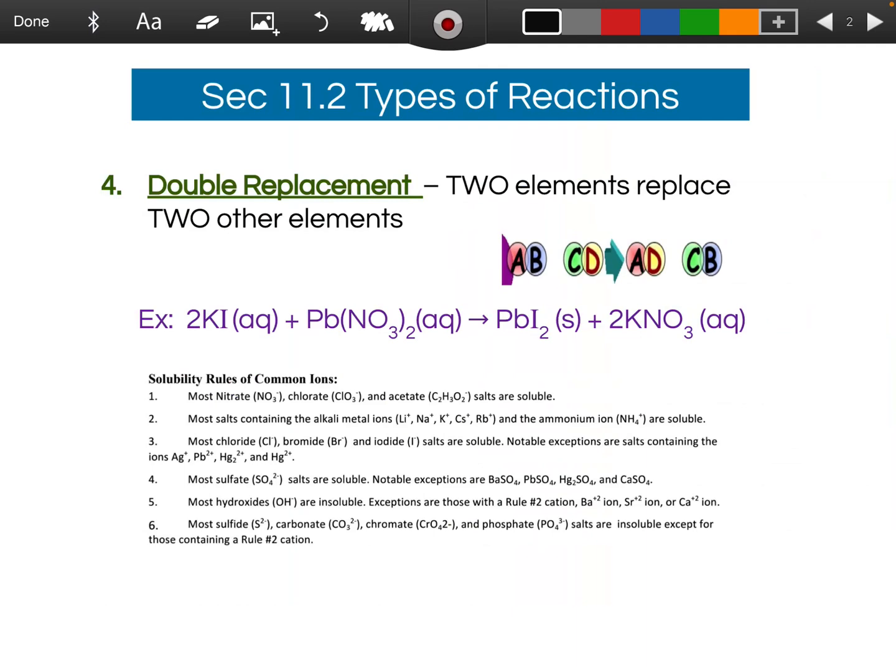All right, so double replacement reactions are when two elements replace two other elements. So in the picture example, you would have AB plus CD produces AD plus CB. So as you can tell, two of the elements in that reaction are going to switch places with one another.